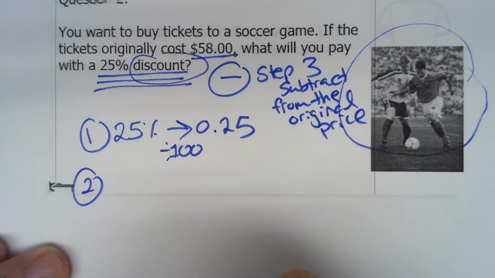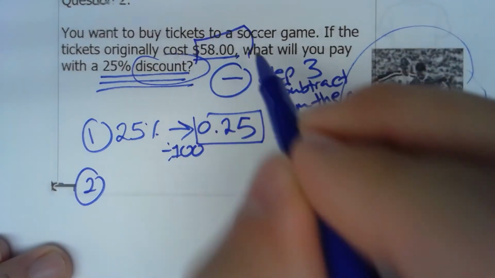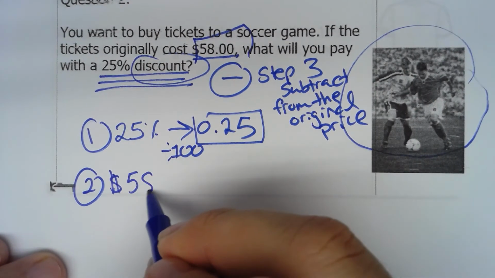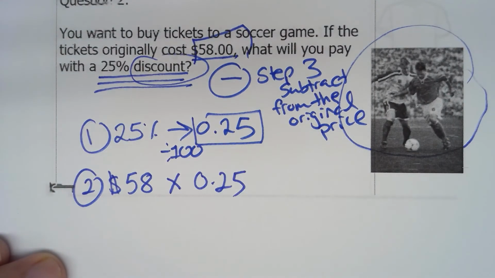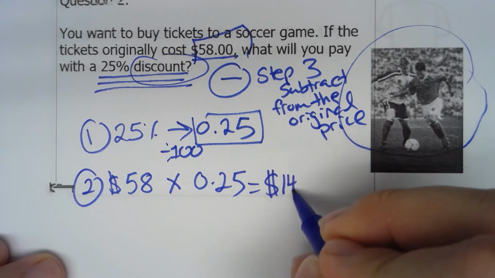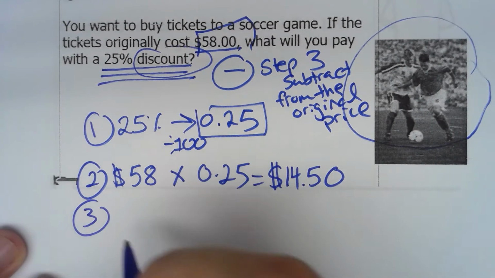Step 2 is the same. Multiply the decimal by the original price of $58. So I do $58 times 0.25. I get $14.50. Step 3.